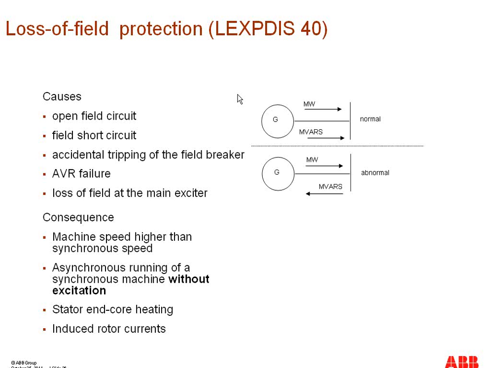That can be an open field circuit, a short circuit in the field circuit, accidental tripping of the field breaker, AVR (automatic voltage regulator) failure, or loss of field at the main exciter. So there can be different reasons for this loss of field, and the consequences would be quite enormous: speeding up of the generator and asynchronous running without the excitation, and some heating for the end part of the stator.